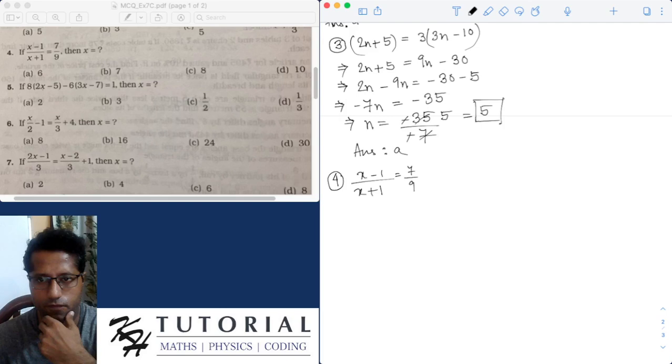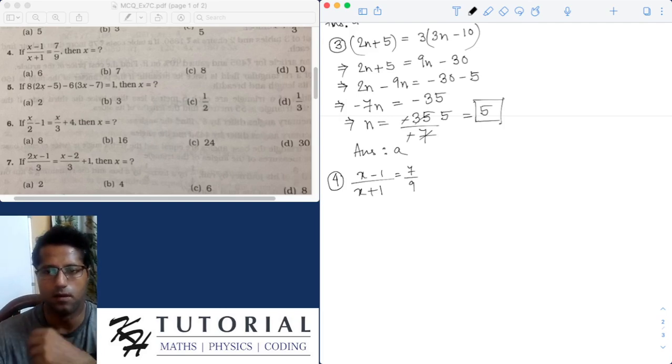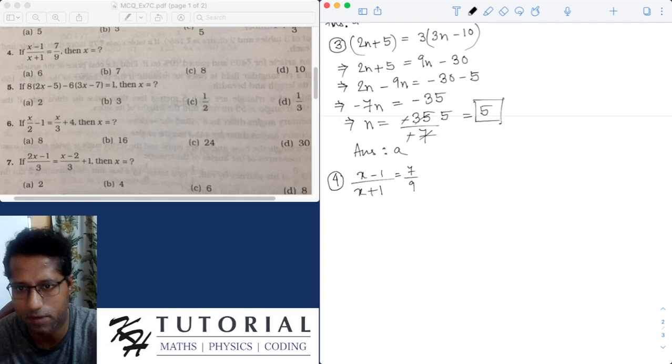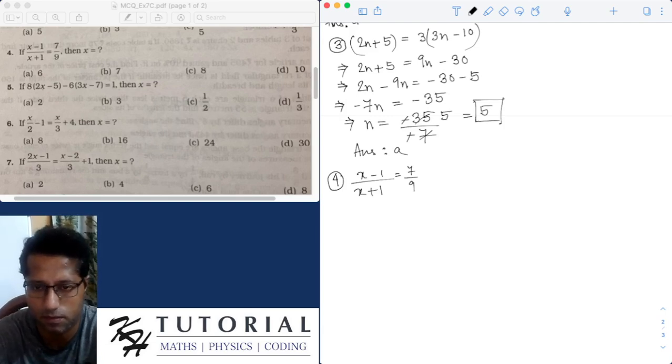It might be a little confusing to you, but you know that in this equation, the variable term, that is (x minus 1) by (x plus 1), is in the form of a fraction, but both the numerator and the denominator have variable terms. The numerator has x minus 1 and the denominator has x plus 1.